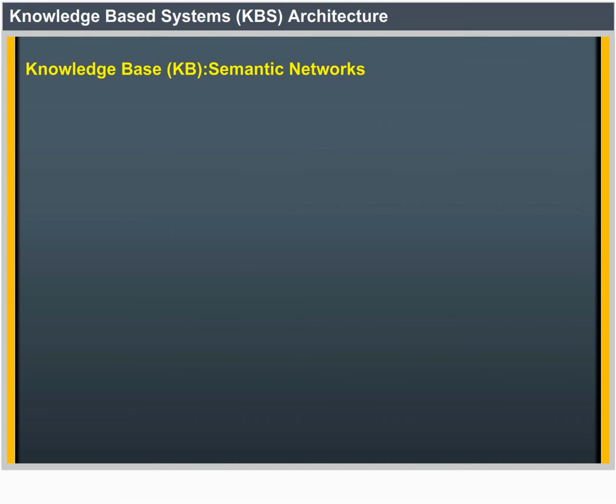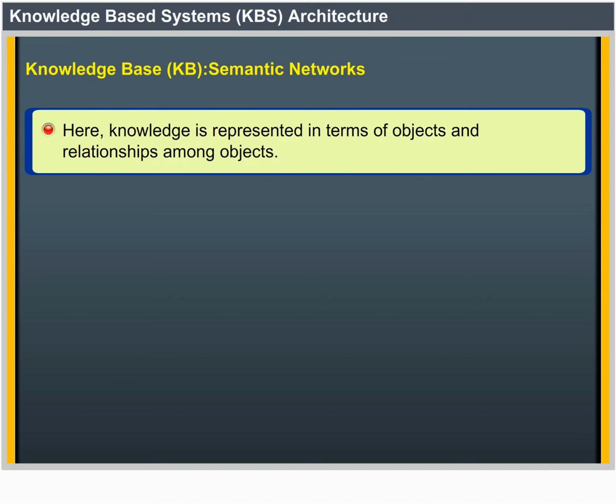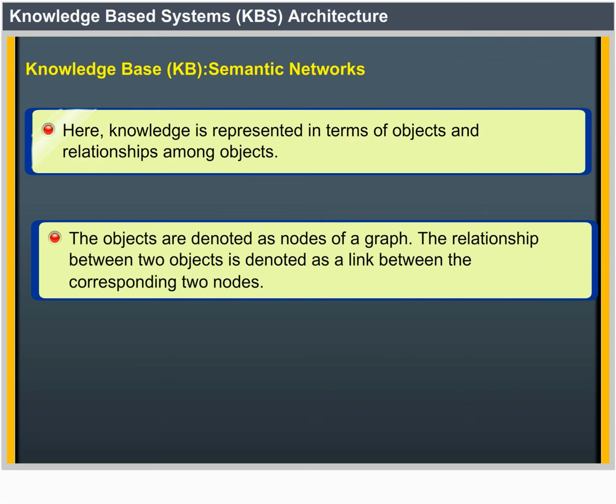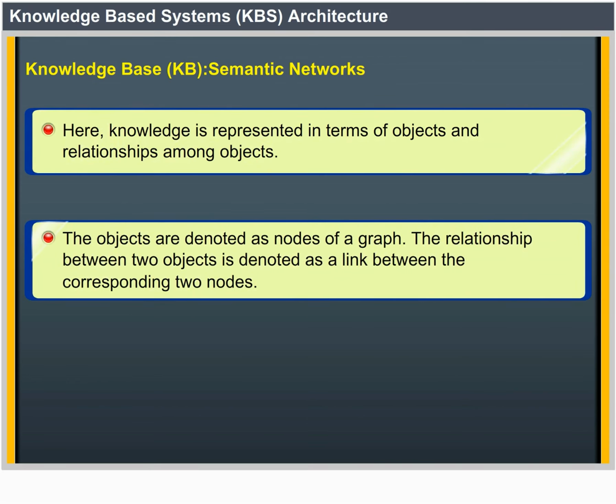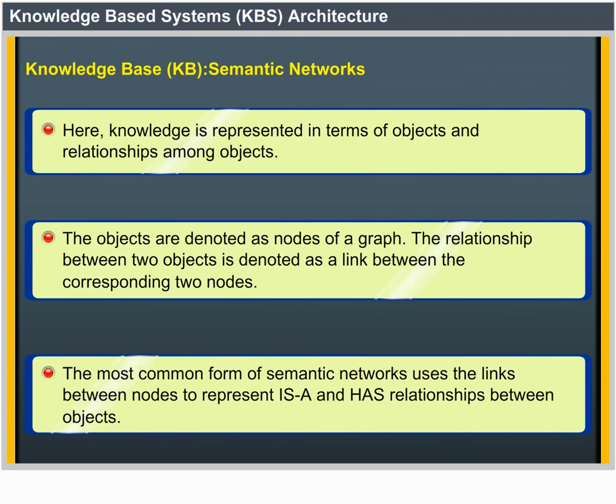Knowledge base (KB): semantic networks. Here, knowledge is represented in terms of objects and relationships among objects. The objects are denoted as nodes of a graph. The relationship between two objects is denoted as a link between the corresponding two nodes. The most common form of semantic networks uses the links between nodes to represent is-a and has relationships between objects.